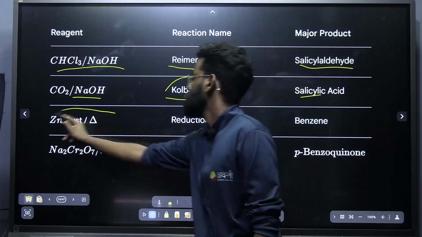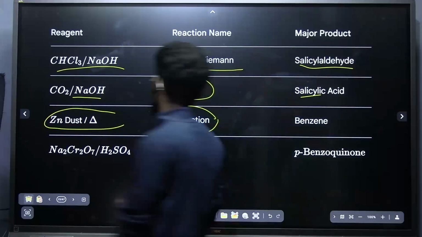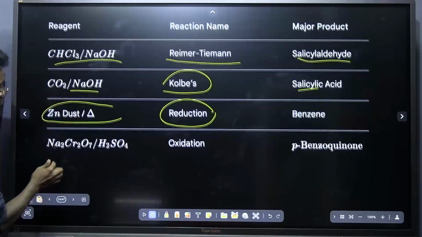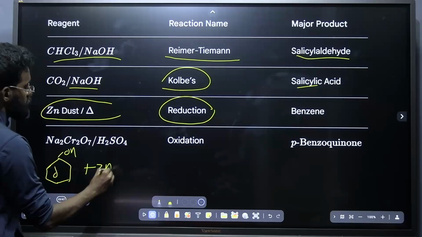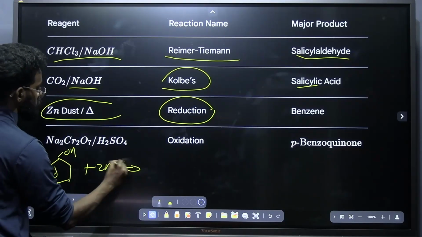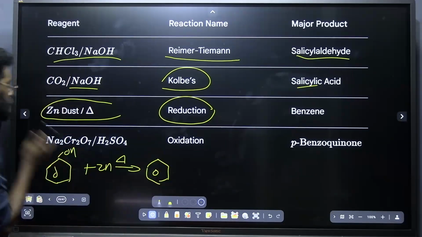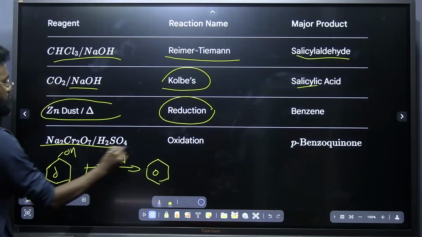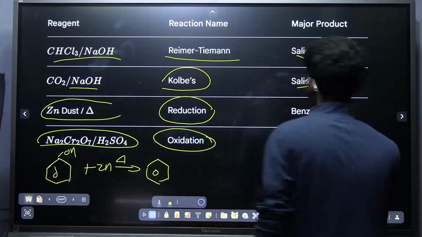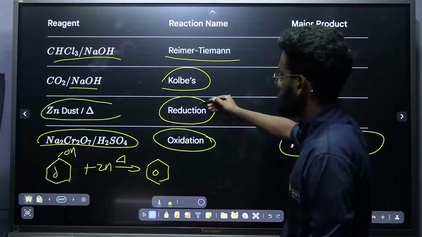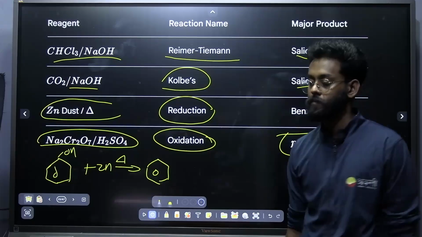Now zinc dust, which we discussed in the hydrocarbon chapter: if I treat phenol with zinc at high temperature, I will get benzene. And then Na2Cr2O7 with H2SO4, which we just discussed, is the oxidation reaction that gives parabenzoquinone. The upper one is reduction, the lower one is oxidation. Note down all these important reactions.